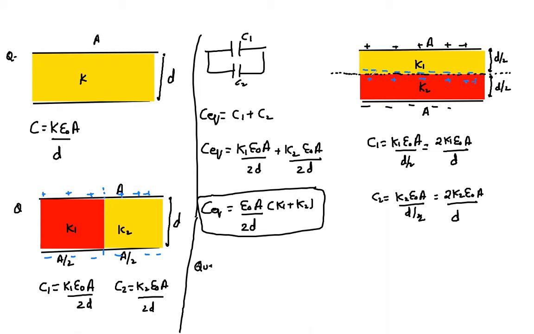I'm repeating it again. You have two dielectrics, K1 and K2. The point at which these two dielectrics separate, this boundary of separation, will act as a plate. So if this plate is positive, a negative charge will get induced over this plate and a positive charge will induce on this boundary.